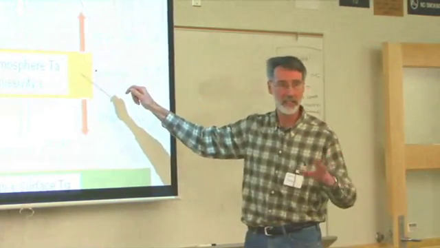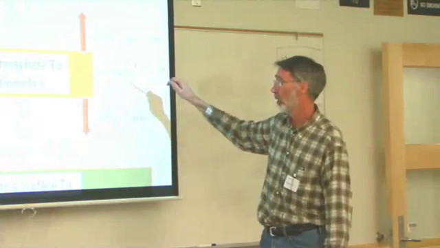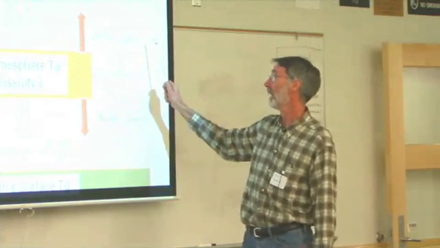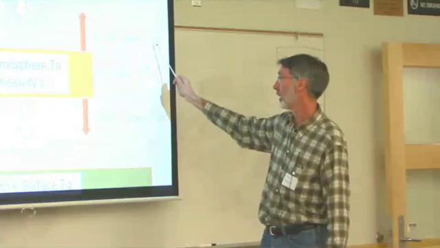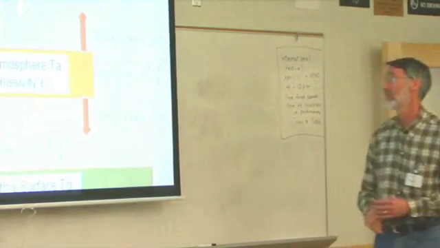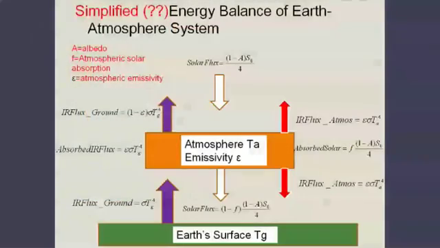But remember, every object that has a temperature emits. So the atmosphere is emitting infrared radiation according to epsilon sigma T to the 4th, where T is the temperature of the atmosphere. So this diagram is fairly complete. It's the simplest diagram you can draw that contains the essence of the Earth's climate system.